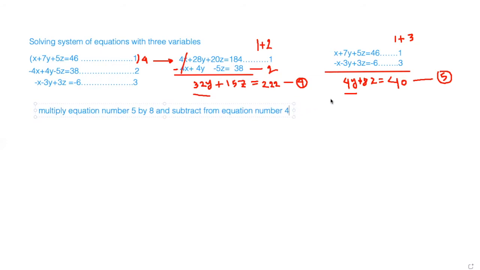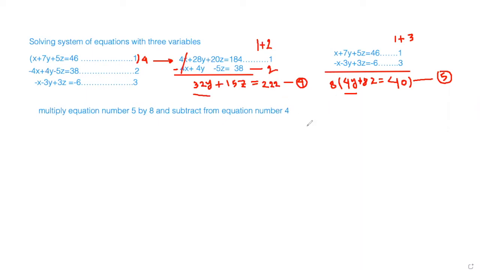Okay, so let's do it here. You multiply this whole thing by 4. Sorry, by 8. And subtract from equation number 4.